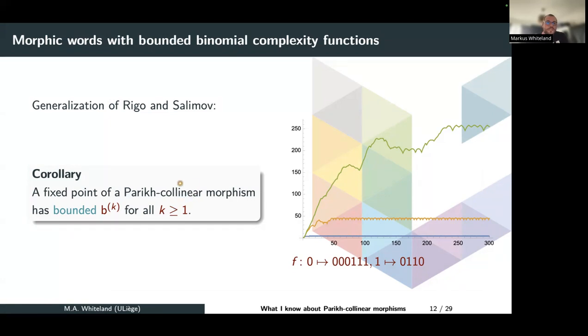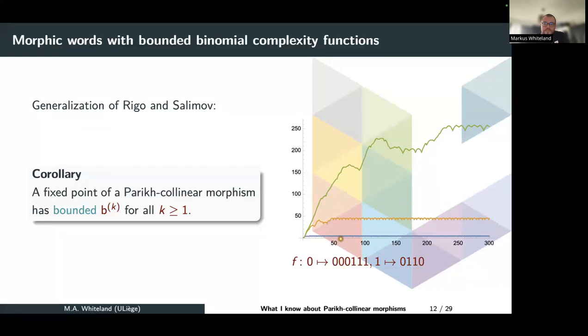And recall that the result of Michel and Pavel was talking about Parikh constant morphisms. So as an example, here are the graphs of the first three binomial complexity functions of a fixed point of this morphism.